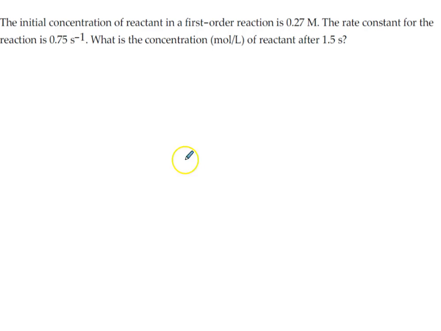The initial concentration of a reactant in a first-order reaction is 0.27 moles per liter. The rate constant is this. What is the concentration of the reactant after 1.5 seconds? So what math equation am I going to use here? It's the integrated rate law for a first-order reaction.